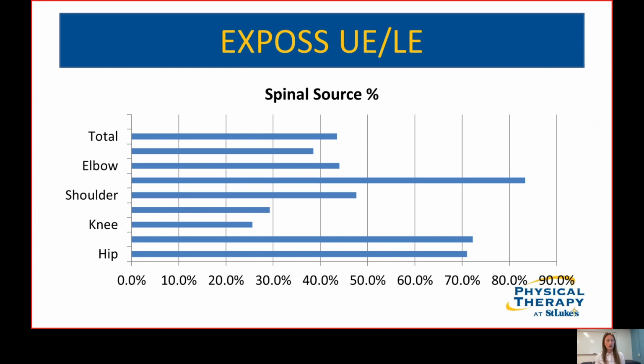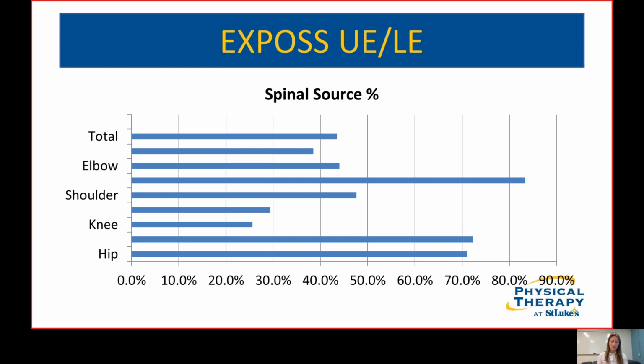So let's break this down a little bit more. In the wrist and the hand, they found that 38.5% of the time, these isolated symptoms were of spinal origin. In the elbow, they correlated 44% of their cases to the spine. Isolated forearm symptoms were related to the spine in 83% of their cases. At the shoulder, just over 47% of those isolated symptoms were of spinal origin.